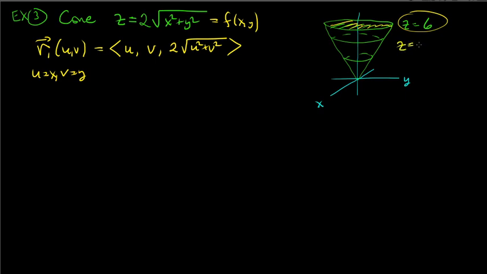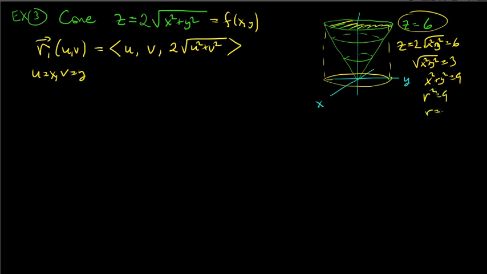Remember, z is 2 times the square root of x squared plus y squared, which is 6. So the square root of x squared plus y squared would be 3, or x squared plus y squared would just be 9. And all that means is that the circle right below this here would have radius 3. So this is r squared equals 9, or r equals 3.